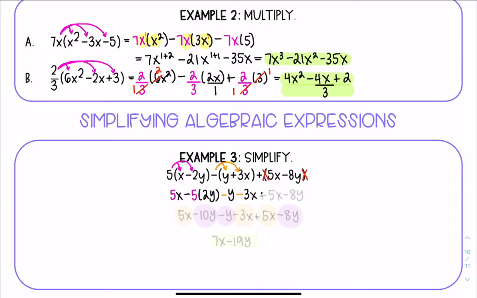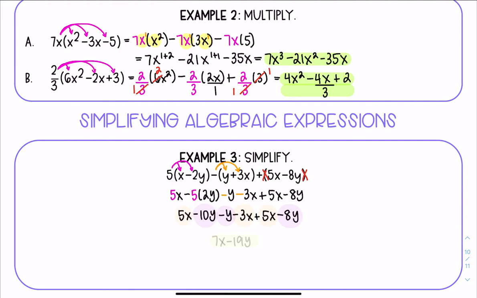And then we're just going to rewrite the last set without the parentheses. So 5x minus 8y. Let's go ahead and simplify a little bit. We've got 5x minus 10y minus y minus 3x plus 5x minus 8y.